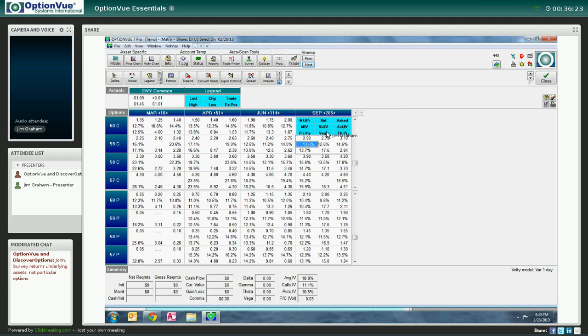But connected with this bid price is a bid IV. So it's calculating the implied volatility of the option based on the bid price. Here's the ask price, and then there's an ask IV. So it's calculating the implied volatility based on the ask price. And as you might guess, the MIV is pretty much right somewhere in the middle between the bid and ask.